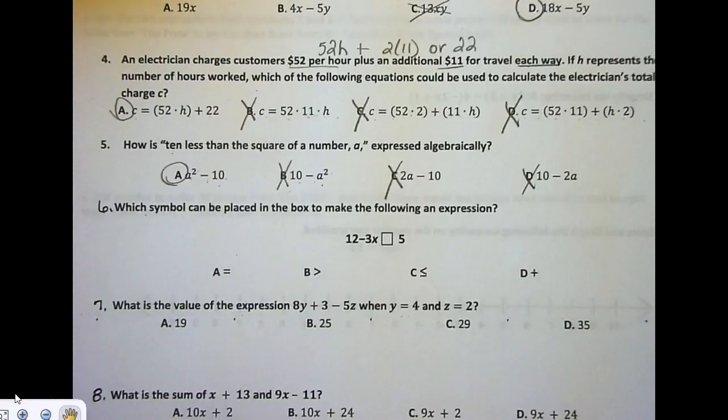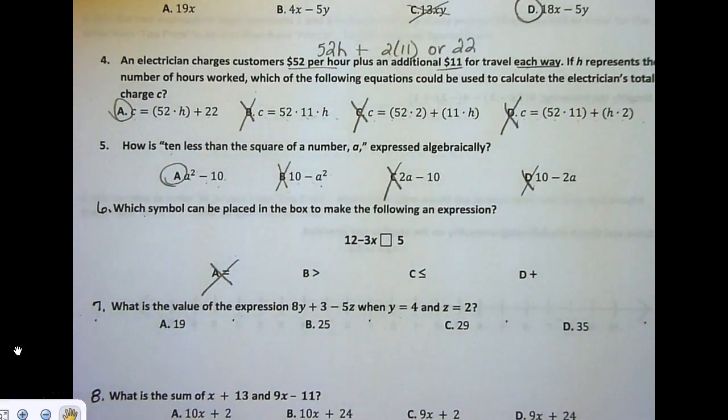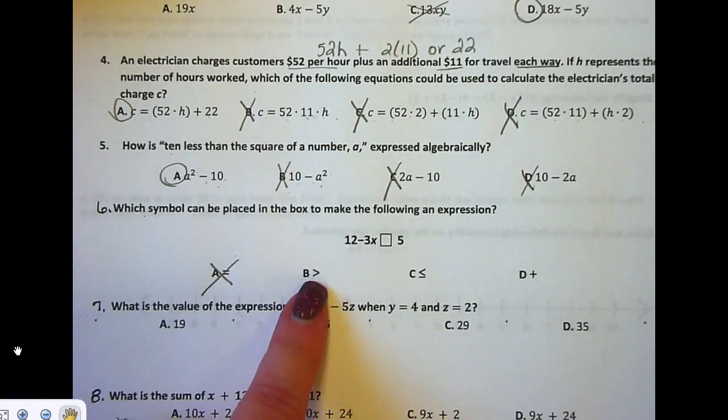6. Which symbol can be placed in the box to make the following an expression? So we have to know the difference between an expression, an equation, and an inequality. So if it was an equation, what would be in there? An equal sign. It's not. We got to mark that one off. What would this be if we put this in the box? It wouldn't be an expression.